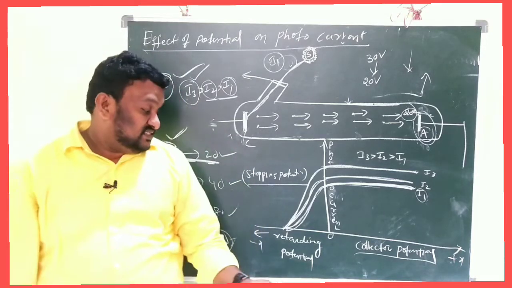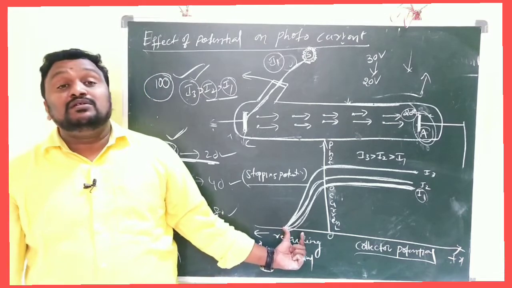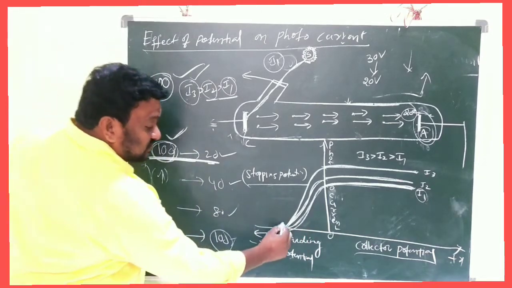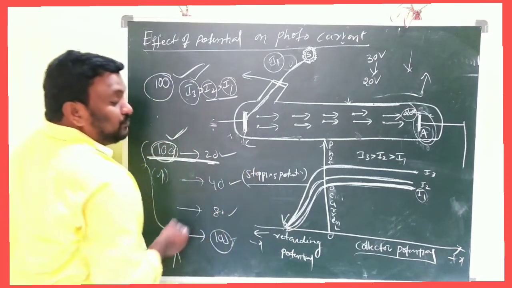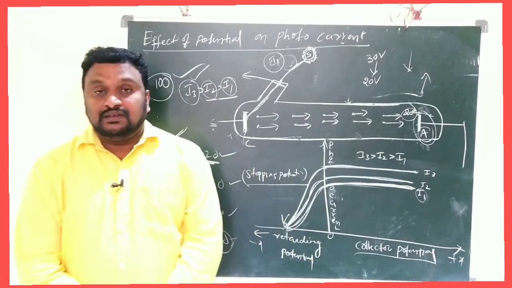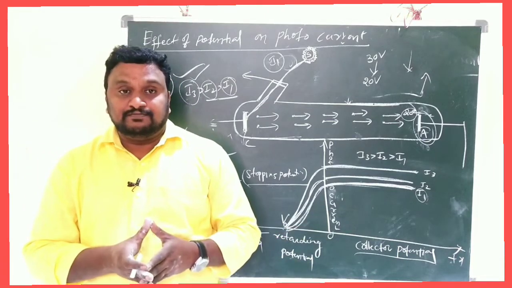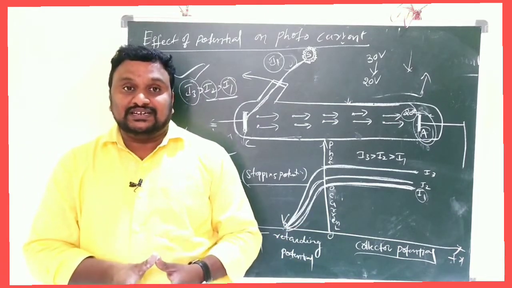That potential is nothing but the stopping potential, shown by the symbol V0. Clear? So children, this is the effect of potential on photoelectric current.